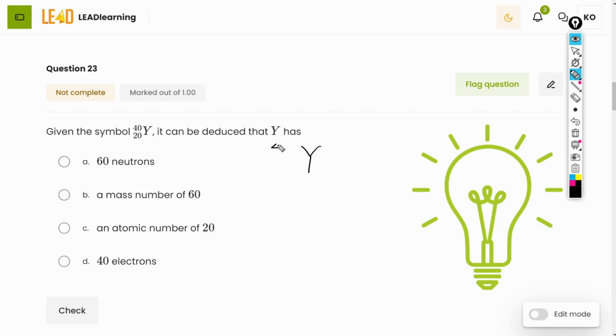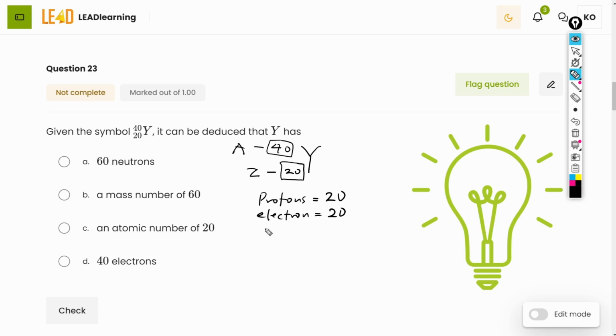The number 40 is the atomic mass of Y, represented by the alphabet A. The number 20 is the proton number or atomic number of Y, represented by the alphabet Z. So element Y has 20 protons, and because in a neutral atom the number of protons is always equal to the number of electrons, it also means that in atom Y there are 20 electrons.